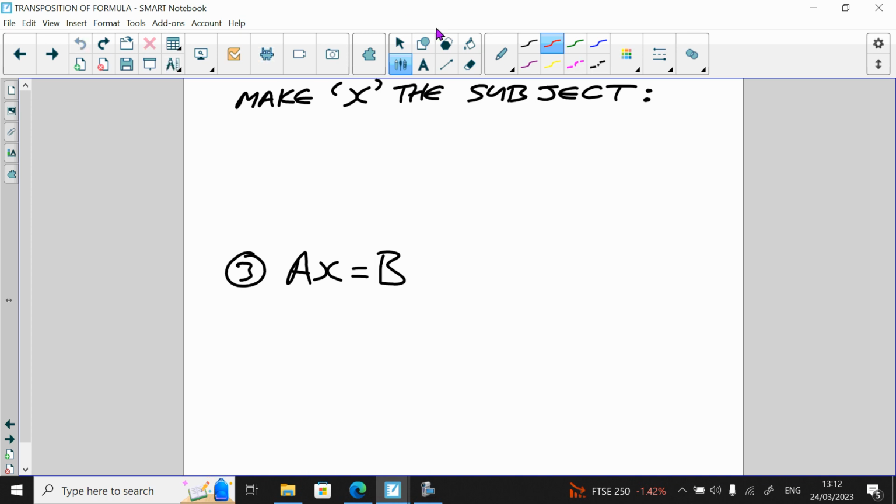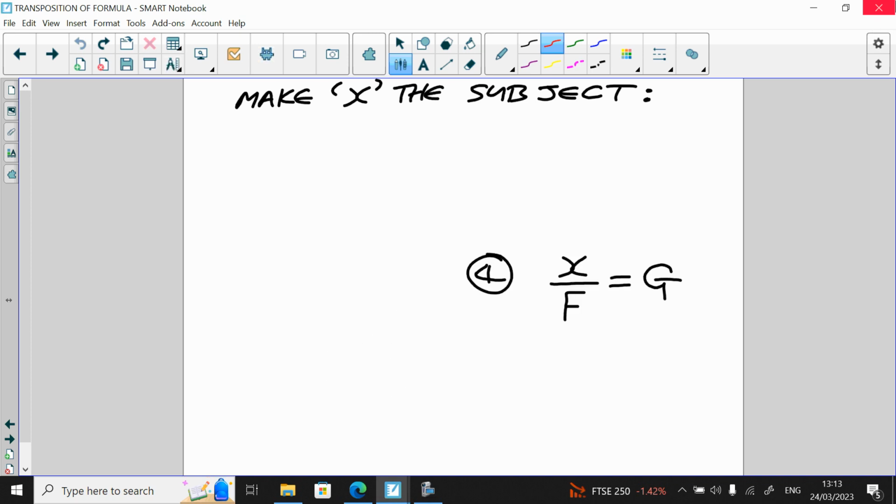What we've got here is a stuck to x, and you know when something's stuck, it's going to be multiplying. So the opposite of multiply when you take it to the other side is divide. And we make a fraction, that's what that is, top divided by the bottom. So it's going to be b over a. And finally, you can see here the f, or whatever it is, on the bottom, it's dividing.